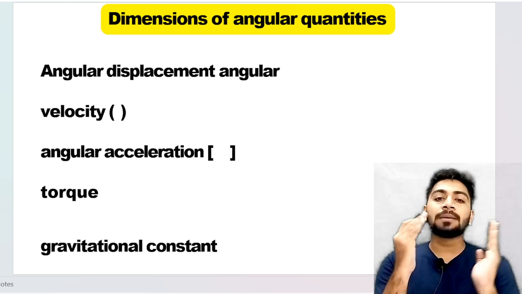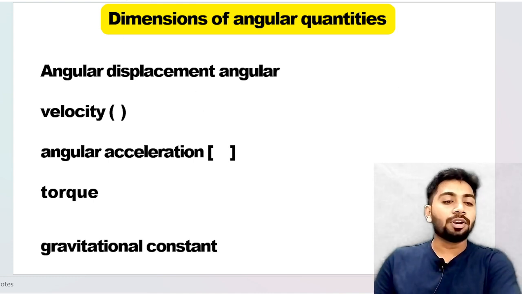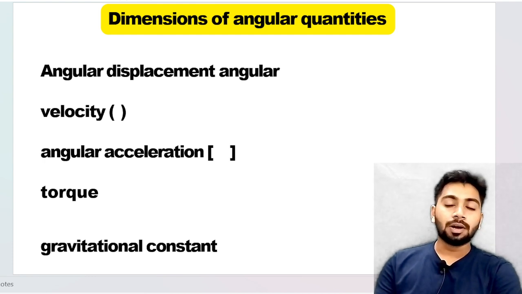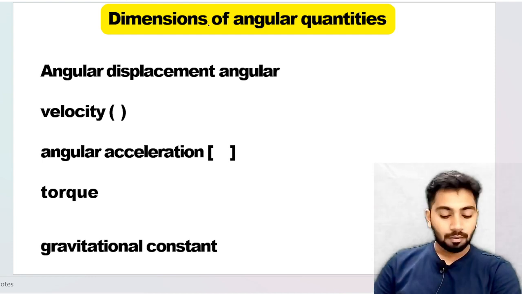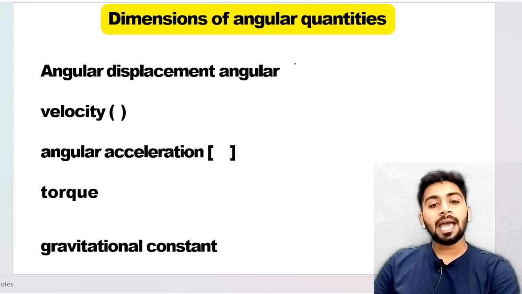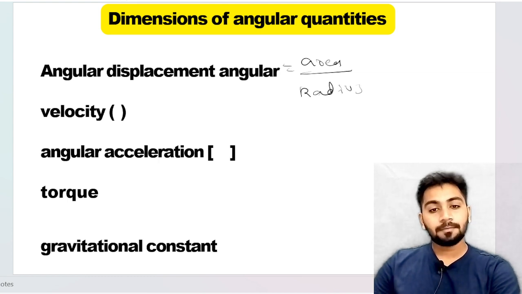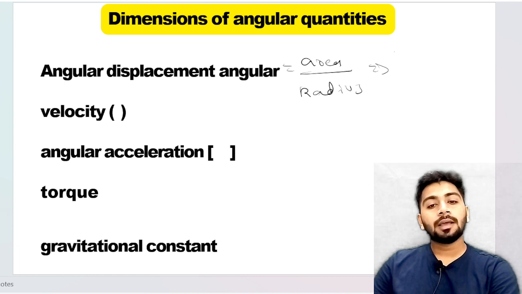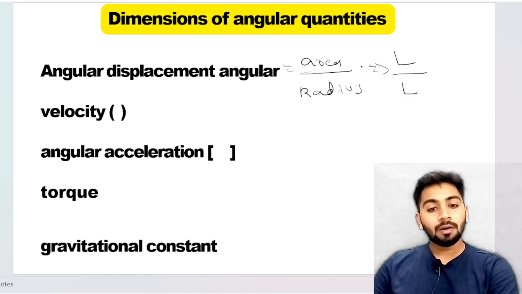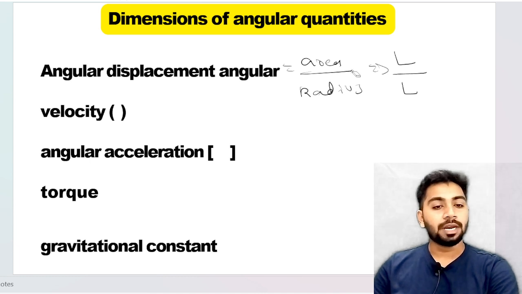Angular quantities, which involve angles. Well, let us derive our dimension. Angular displacement is equal to what? Area divided by radius. No, sorry, not area, one minute.